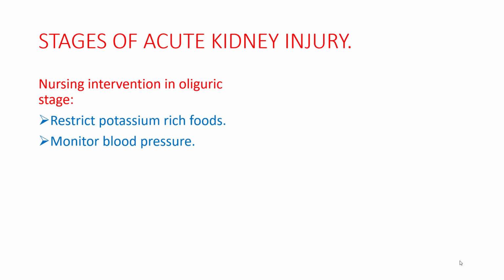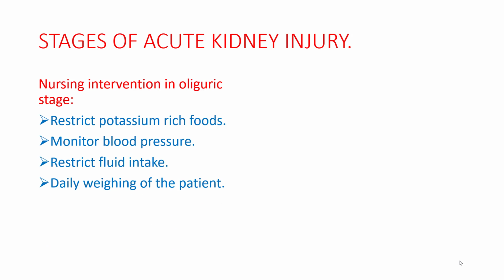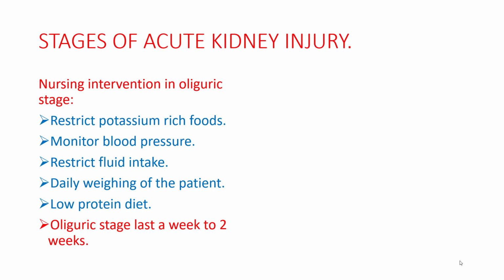The reason for restricting potassium-rich foods, we want to prevent hyperkalemia. The nurse should also monitor blood pressure, restrict fluid intake, daily weighing of the patient, and advise the patient on eating a low protein diet. This stage, I'm talking about the oliguric stage, tends to last a week to 2 weeks.